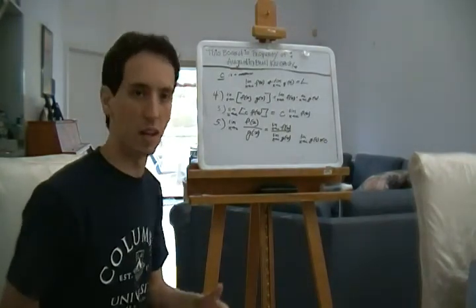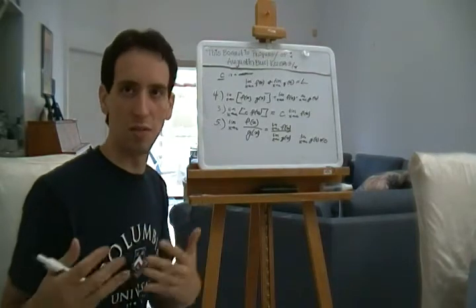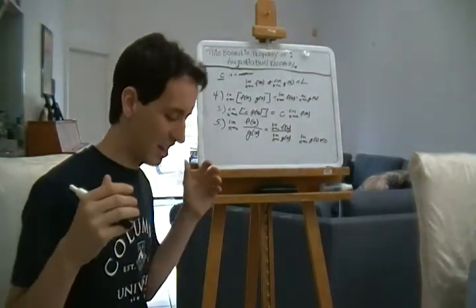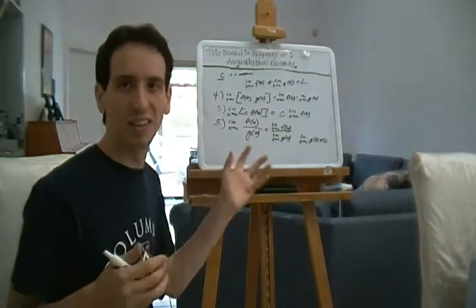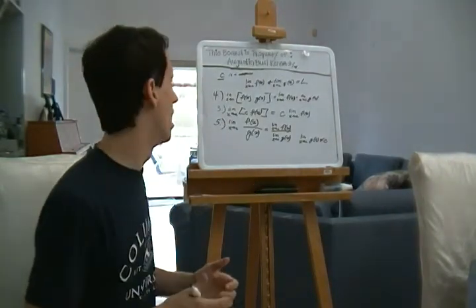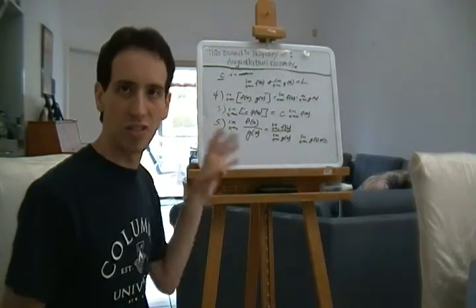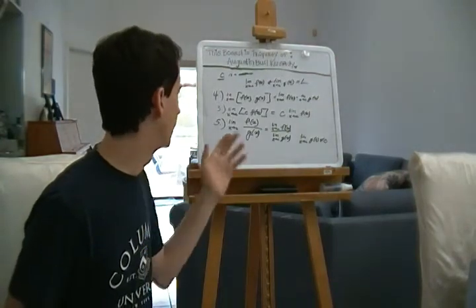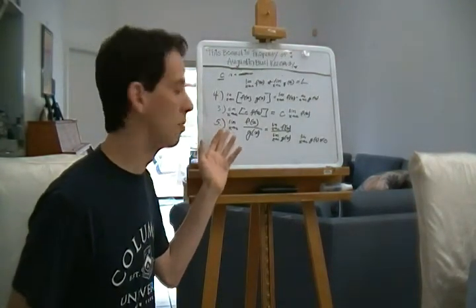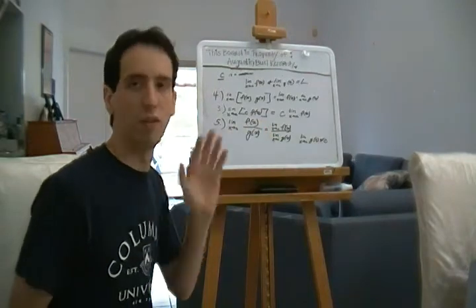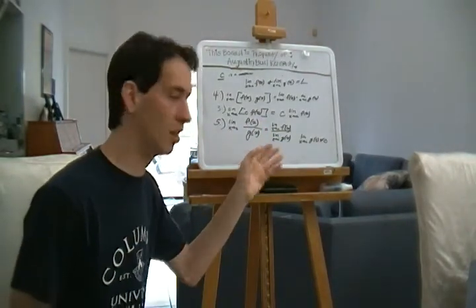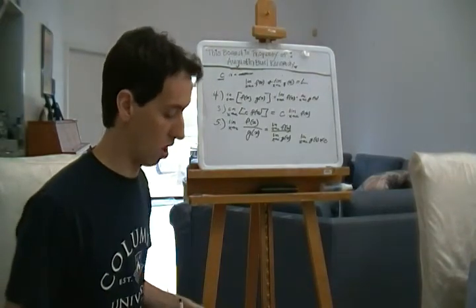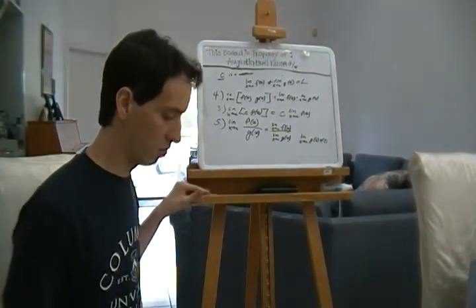So the limit of a sum is the sum of the limits. The limit of a difference is the difference of the limits. The limit of a product is the product of the limits. You can take a constant outside and multiply that constant times the limit. And the limit of a quotient is the quotient of the limits, providing that the limit of the denominator does not equal 0. So those are some limit laws. They're pretty good.